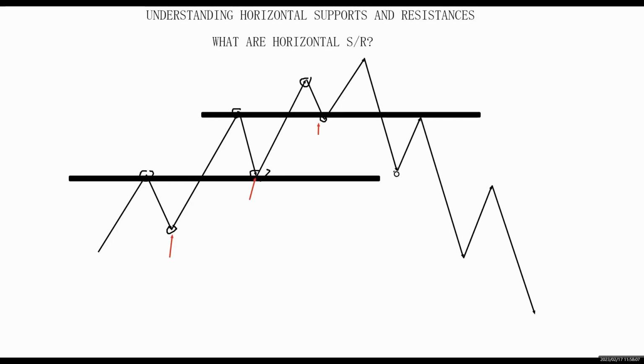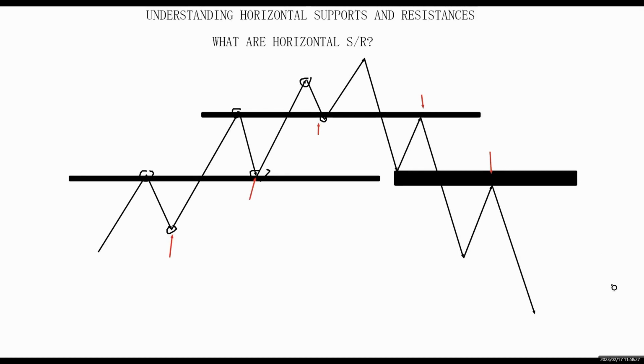So let's identify it. In this case, we have this level right here as well. So what does this mean? This means that if we actually know and understand how to trade the horizontal support resistance, we could actually find trade opportunities at these areas respectively.